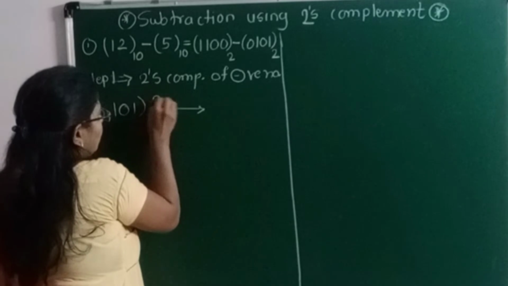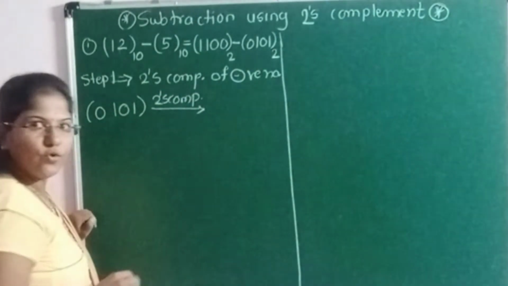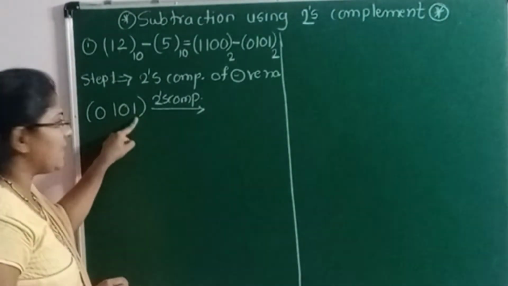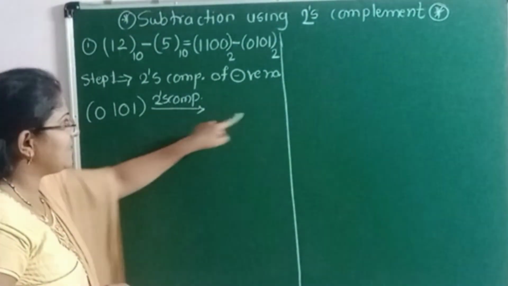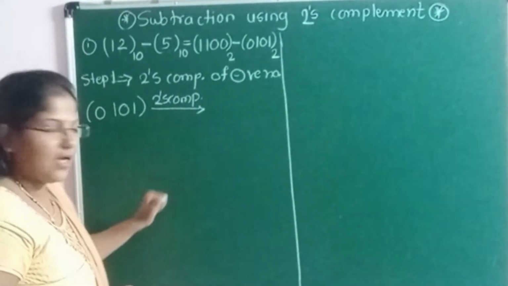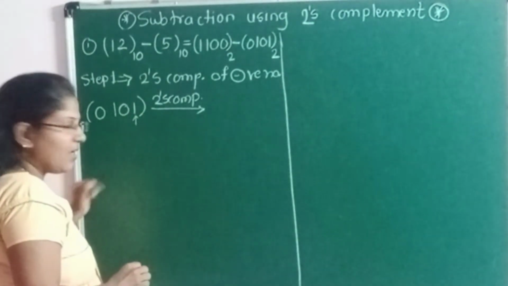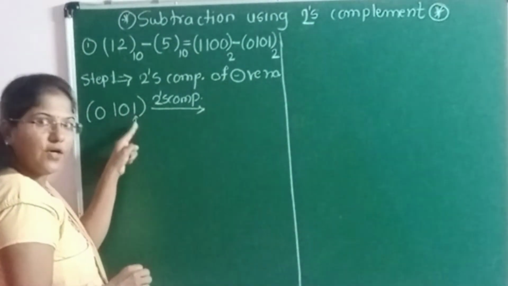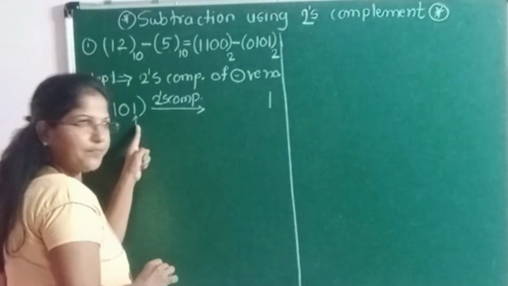Take its 2's complement. How to take the 2's complement? See the bits from the right side and write those bits as they are in the answer until we get the first one. Now have a look at the first bit in this number. This bit is 1. So the first bit itself is 1, so write this bit as it is here.